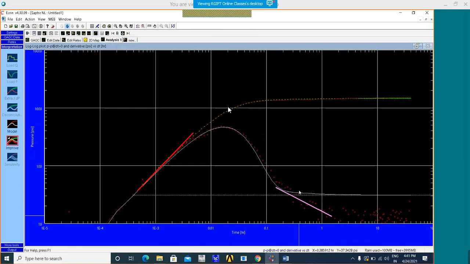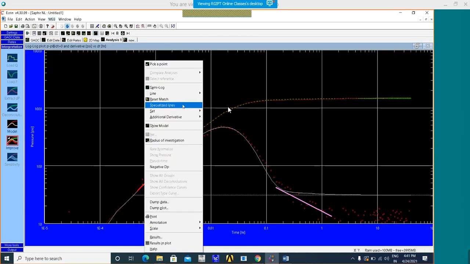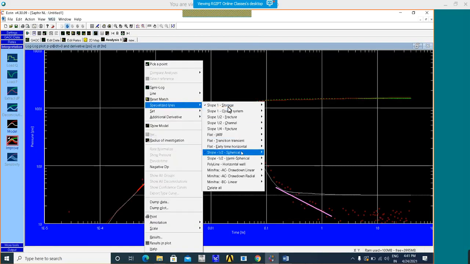That is the best the software can do. Let us draw the spherical flow.